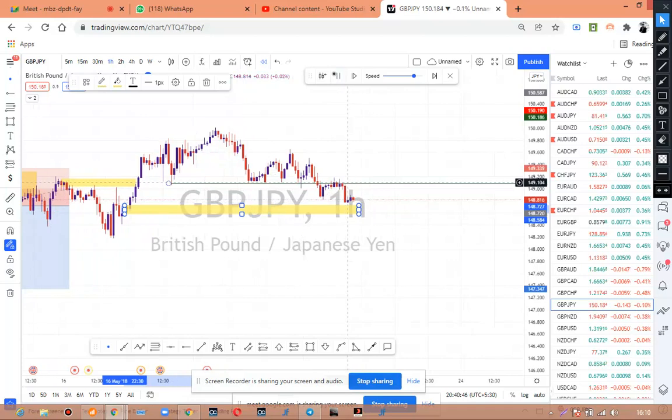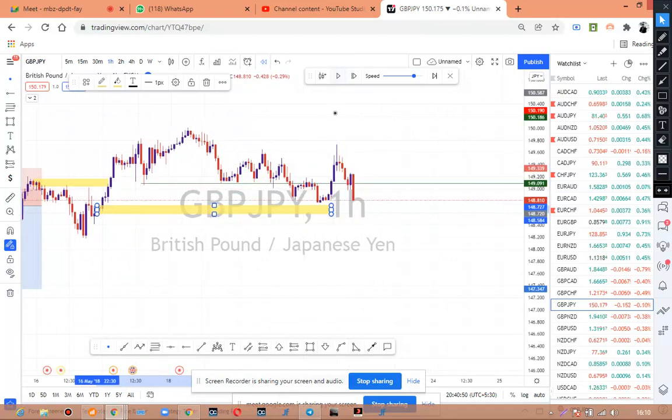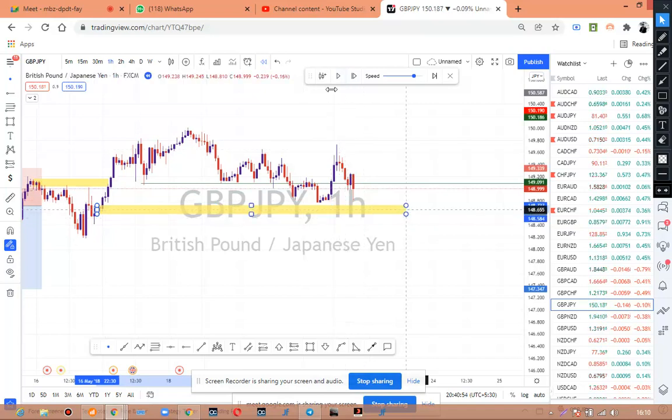Support become a resistance, almost there. Big move, almost there. So here, this candle almost touched the zone.